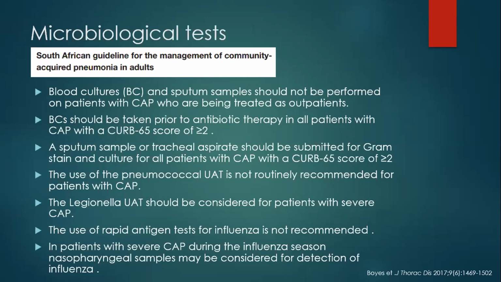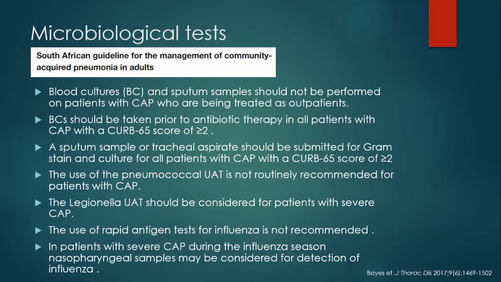International guidelines do not recommend these samples being sent off unless you are worried that your patient may be at risk for something like an MRSA or a drug-resistant organism, so somebody who's been recently admitted or has had exposure to antibiotics in the last 90 days. But the South African guidelines say that you're completely within your rights to send off a sample in a pneumonia which has a CURB score of greater than 65.